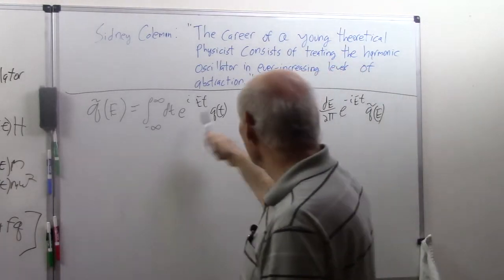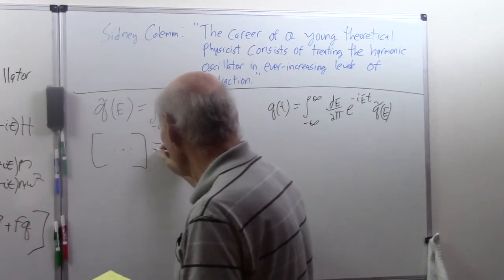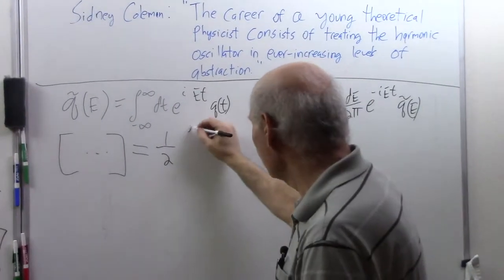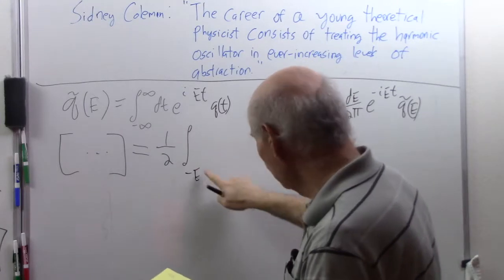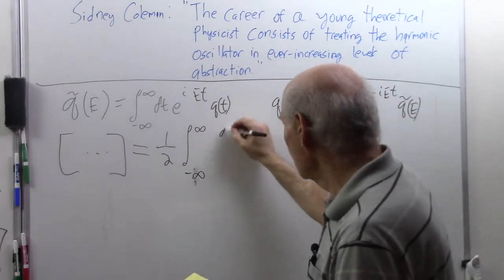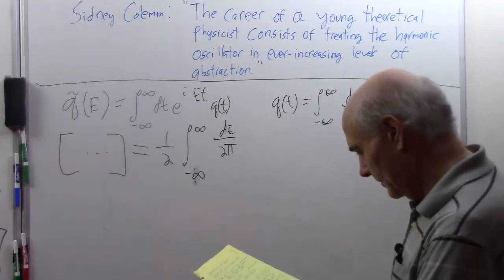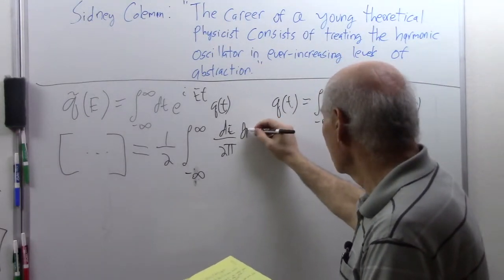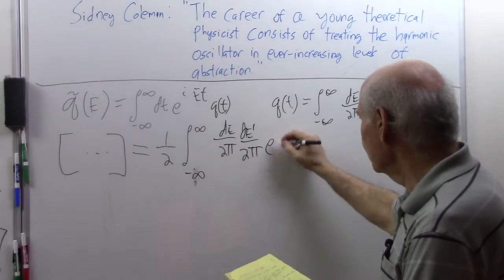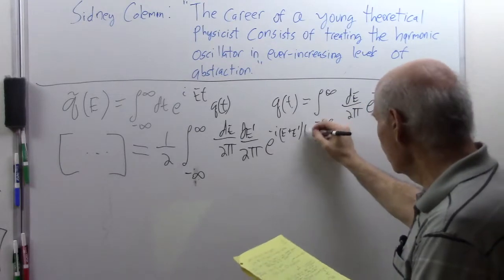And so when we substitute these things in this bracket, we're going to get 1/2, and it's just a routine substitution, the integral from minus infinity to infinity dE over 2 pi, dE prime over 2 pi, e to the minus i (E plus E prime) t.